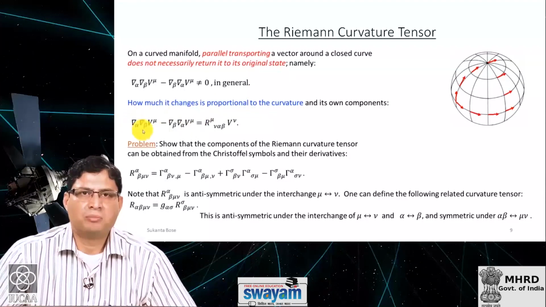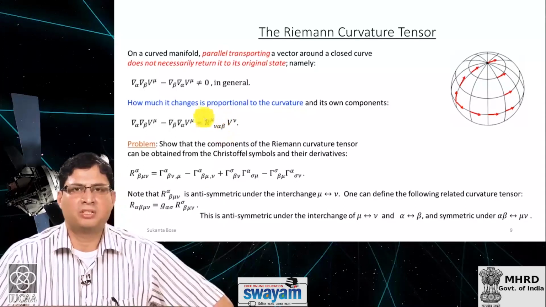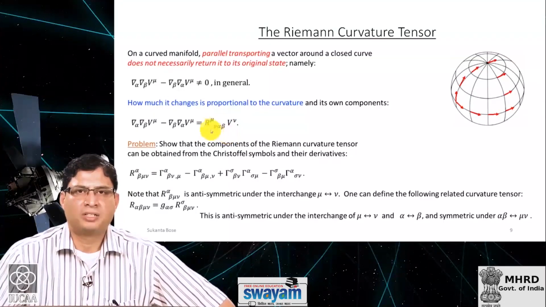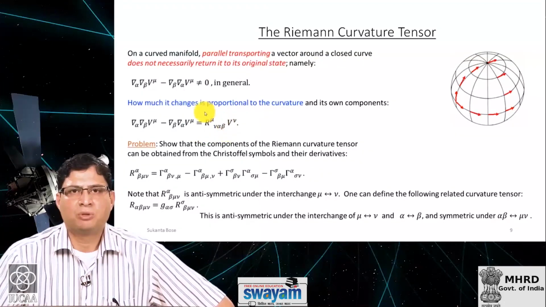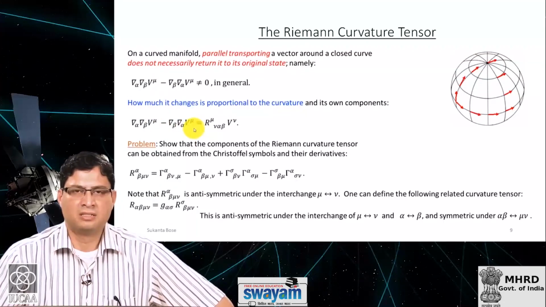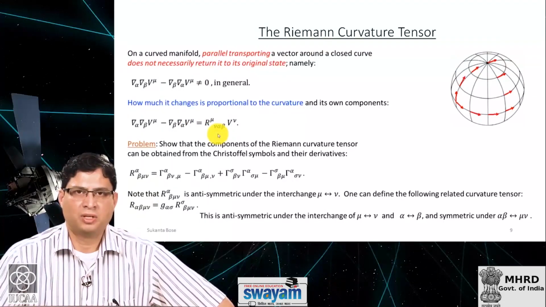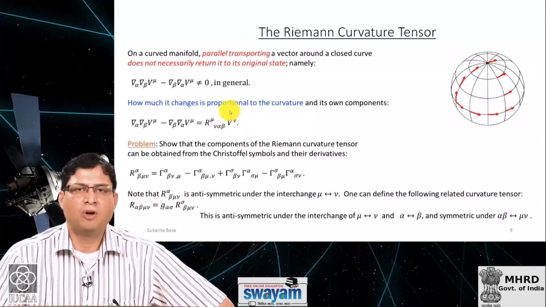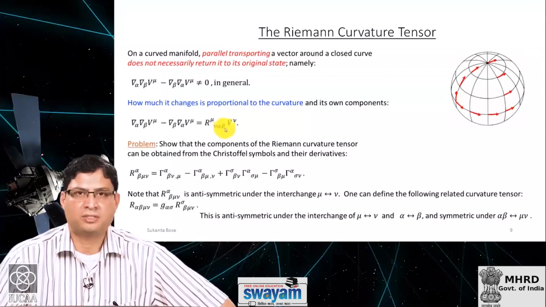Therefore, this quantity in general is equal to a new quantity, not a Christoffel symbol, but something we call the Riemann curvature tensor components, and this is a rank 4 tensor. This difference of the actions of these two covariant derivatives on the vector is in general not zero, but is proportional to the curvature of your space-time or space, and that is defined by this curvature tensor. This amount of change is also proportional to how big your vector was to begin with, which makes sense.